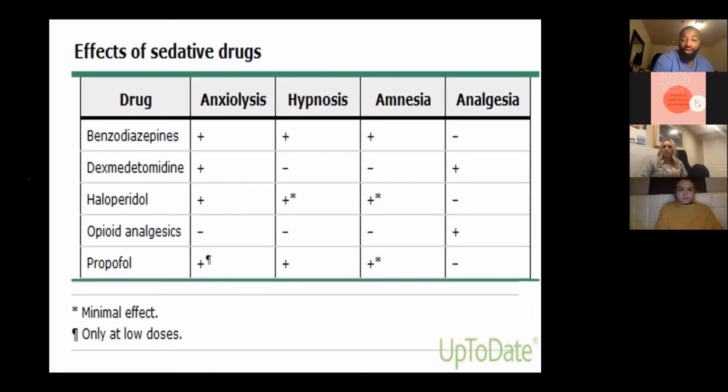You have haloperidol that treats this part, and then you have opioid analgesia that's strictly for pain, and propofol, which doesn't touch any analgesia but helps you achieve this. And they all have their specific aspects that we utilize that are helpful.